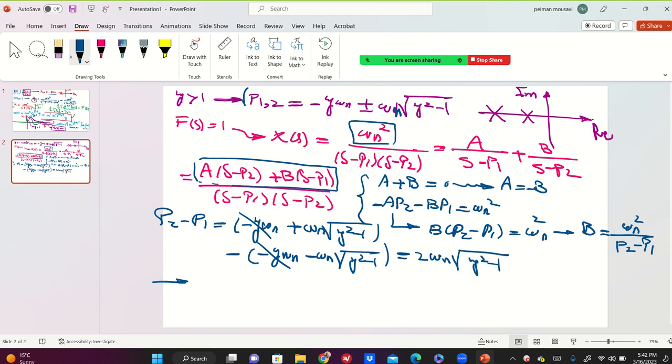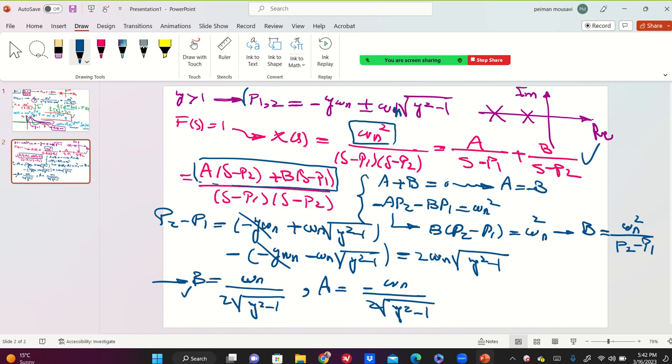So from here, if I simplify this with that, B is going to be omega n over 2 square root of zeta square minus 1, and A is minus B, minus omega n over 2 square root of zeta square minus 1. And implement it here.